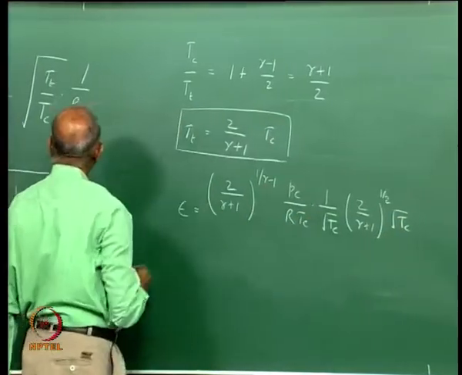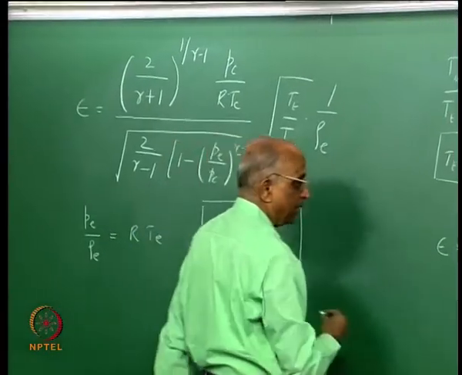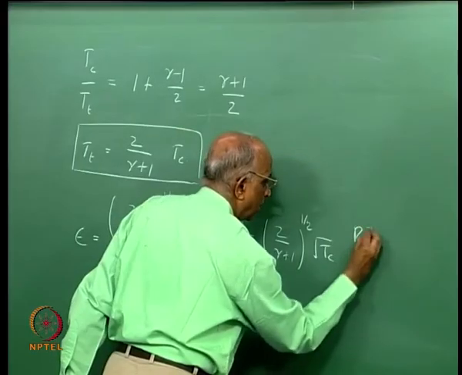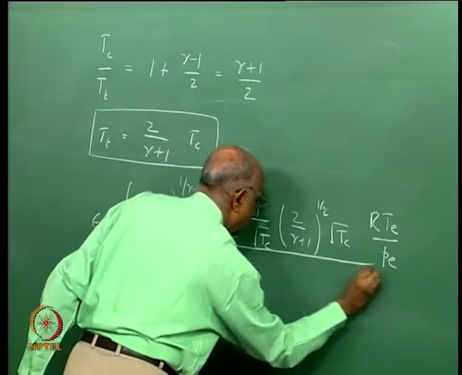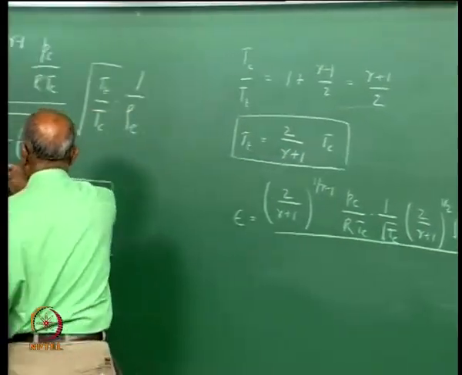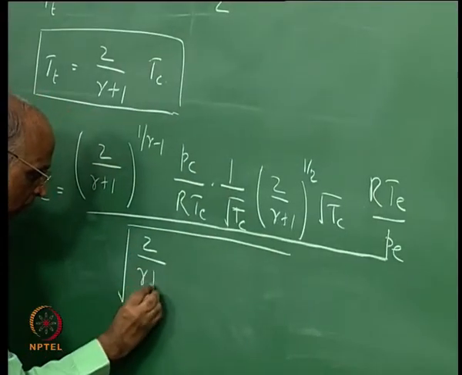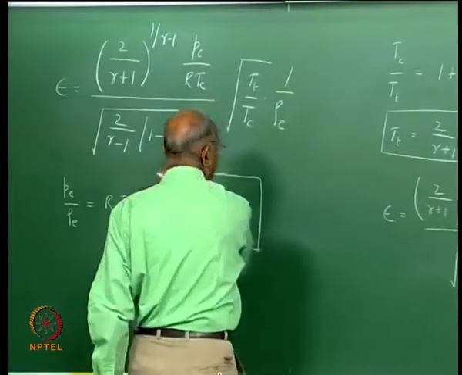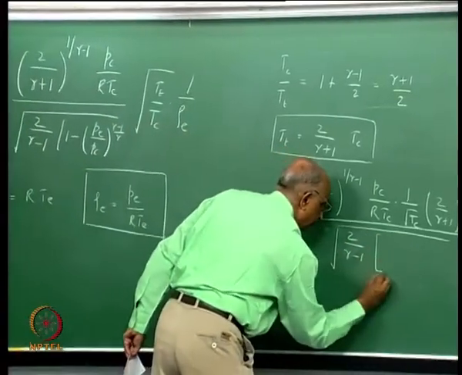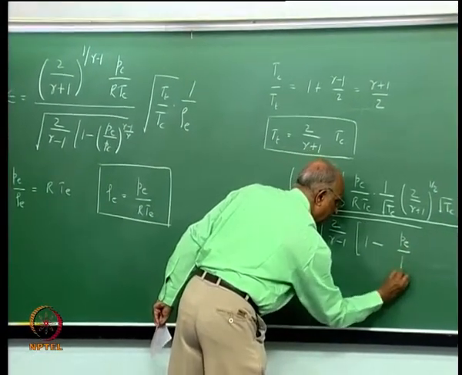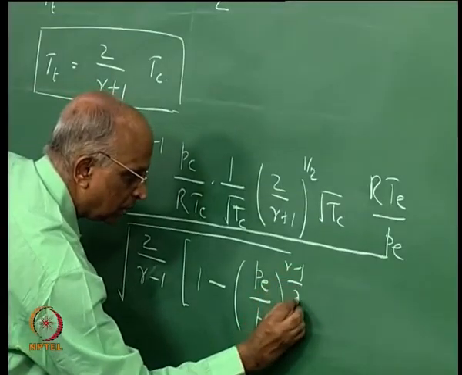This is where I have written this, and 1 over rho e is equal to R Te by Pe, and this is divided by the same value as I had here, namely 2 over gamma minus 1 into 1 minus (Pe by Pc) to the power gamma minus 1 by gamma, close bracket over here.